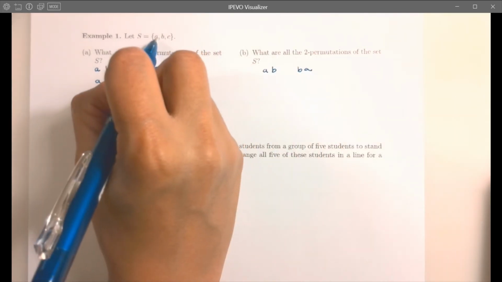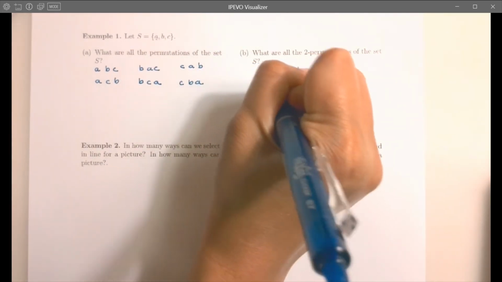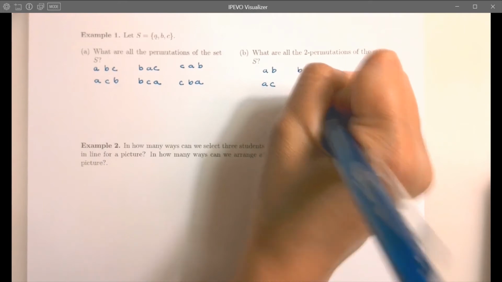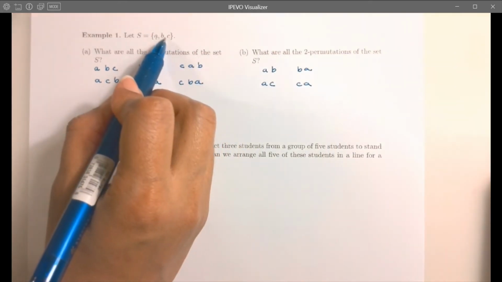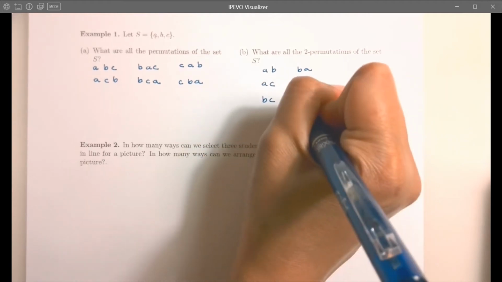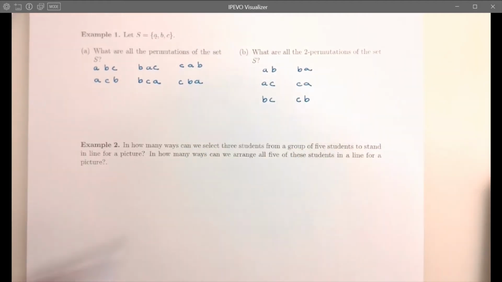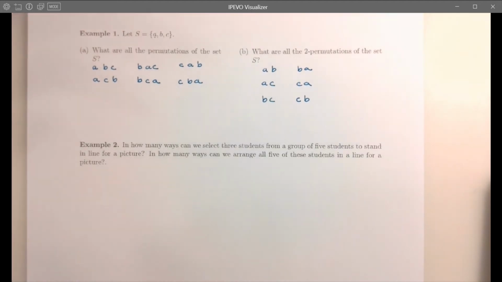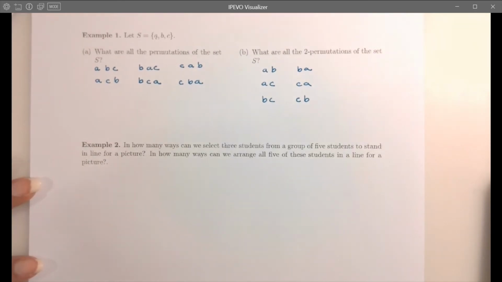Then I could take a combination of A with C and permute those. And finally, we can take a combination of B with C and permute those. And so at that point, we have paired all the possible pairings of two elements and their permutations. Okay, so we have 6 two permutations of the set.